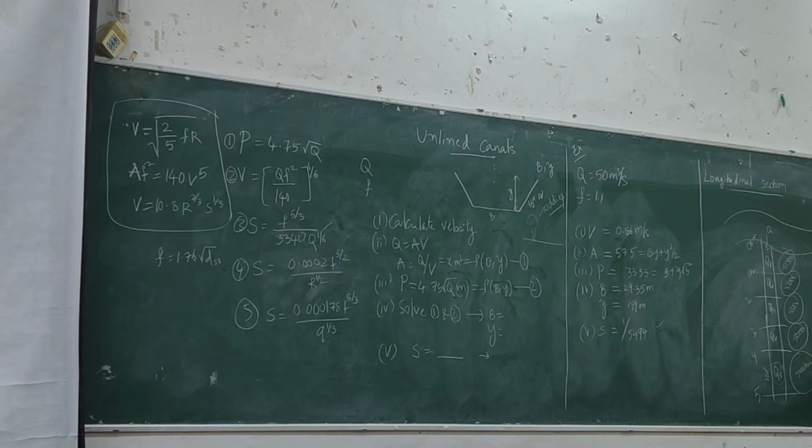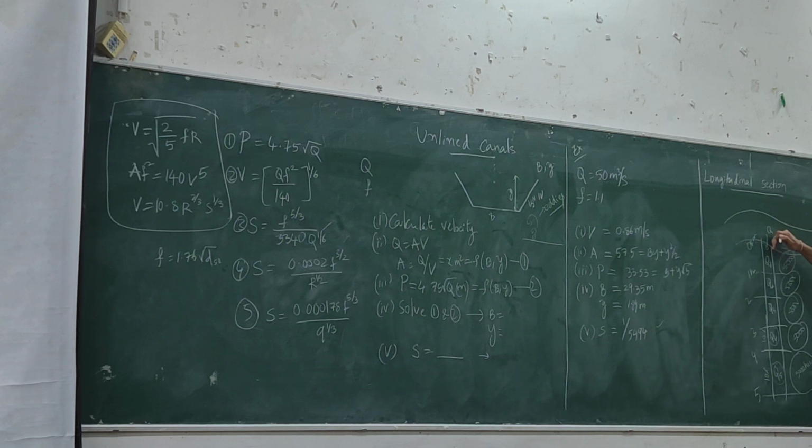So 90% efficiency. So the discharge that you would be using to design is Q5 by 0.9.